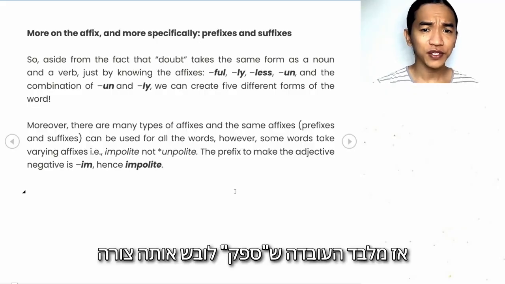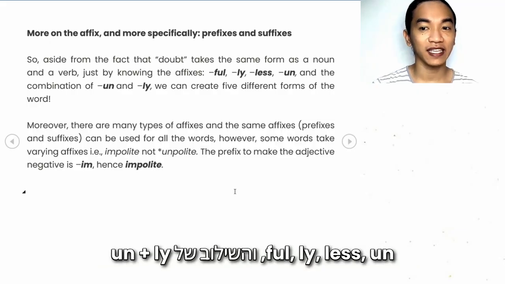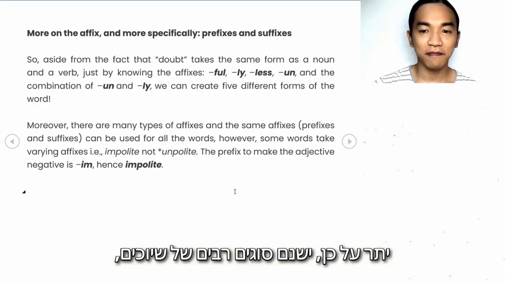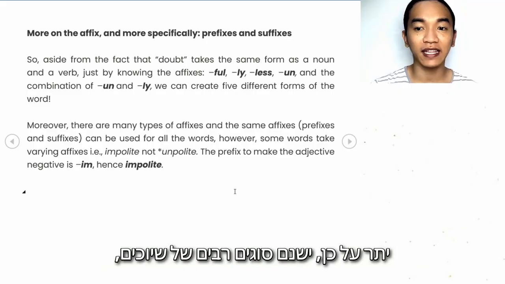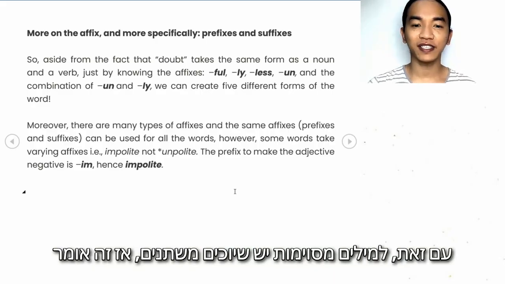Aside from the fact that doubt takes the same form as a noun and a verb, just by knowing the affixes ful, ly, less, un, and the combination of un and ly, we can create 5 different forms of the word, okay? Moreover, there are many types of affixes, and the same affixes can be used for many words. However, some words take varying affixes.